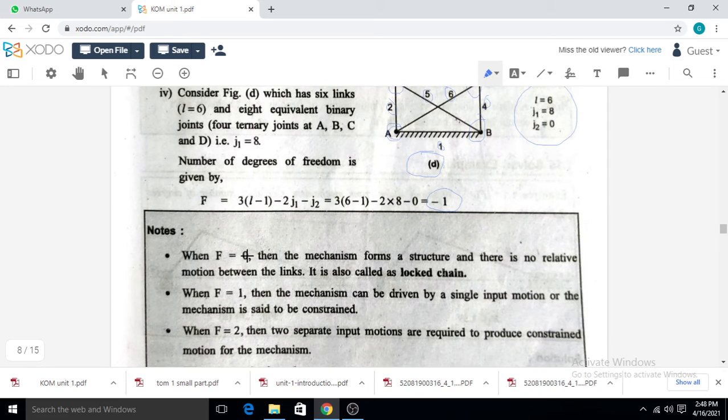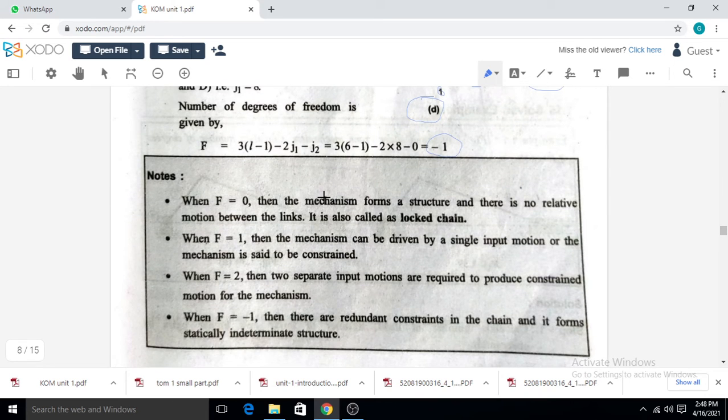So here we have a note, understand this note. When F is equal to 0, what is F? F is the degree of freedom. If F is equal to 0, meaning the degree of freedom is equal to 0, then the mechanism forms a structure.